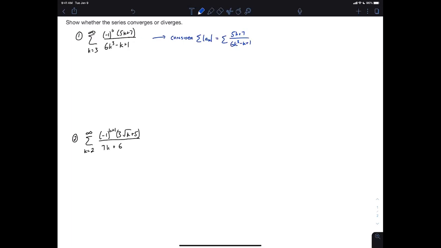That's a series where the terms are all positive. And so we compare that to the series 5k over 6k to the third, where we're taking the largest term on top and largest term on bottom. And then we can factor the 5/6 out, and we get 1 over k squared.